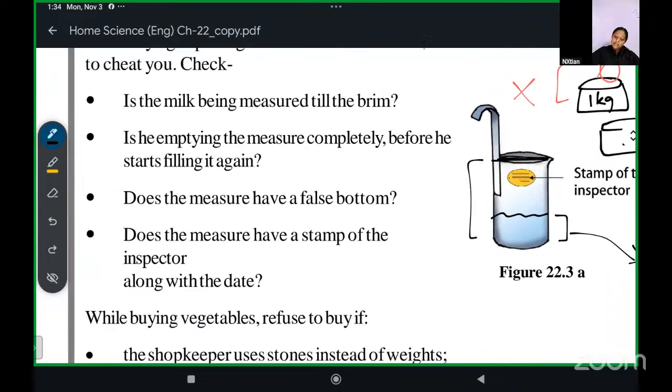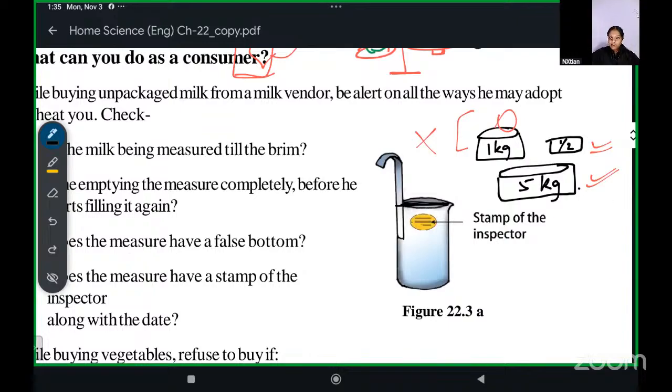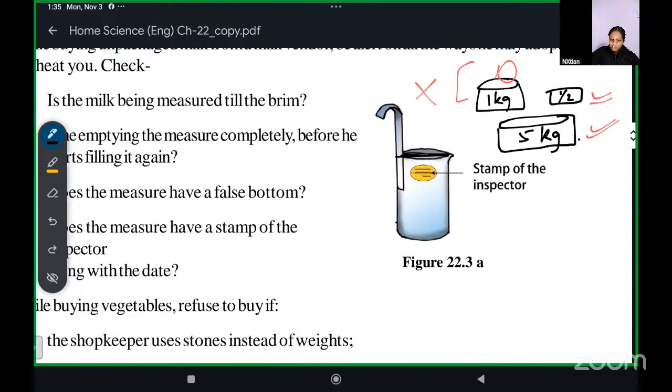Then, does the measure have a false bottom? What is the meaning of a false bottom? See, this is what it looks like from the outside. Inside, till here, it has a false bottom, meaning he created something there to raise the bottom.